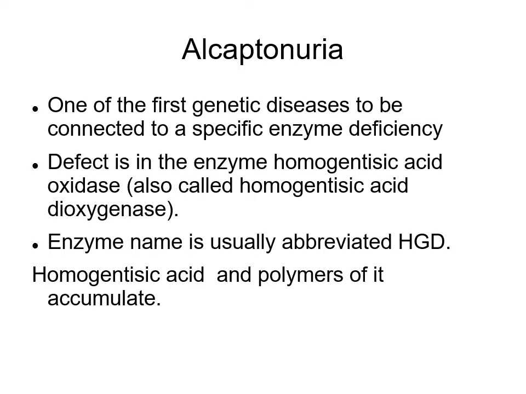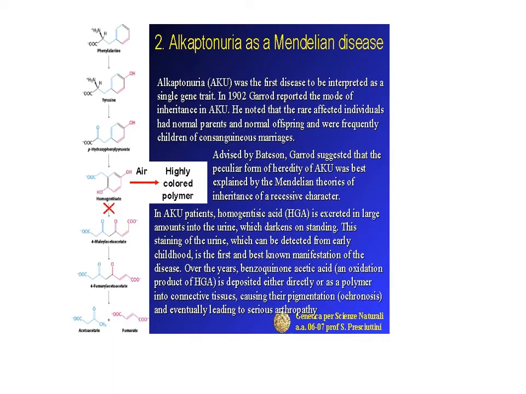What it does is it takes the homogentisic acid and converts it to downstream products for further processing and excretion. So somebody that's missing this homogentisic acid oxidase enzyme will accumulate homogentisic acid in their tissues, and it turns out a polymer as well.